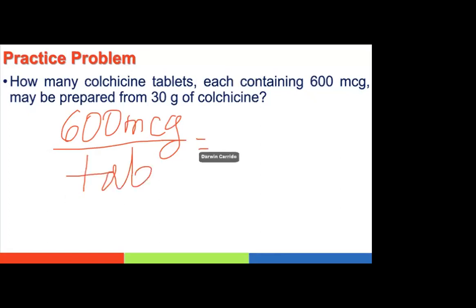Ngayon, ilan daw ang mapo-produce mong tablet kapag ang colchicine mo initially ay 30 grams? Do I compute it directly kapag gram yung unit na gagamitin ko? I have to convert gram into microgram. And how many micrograms are there in 1 gram? 1 million. Okay?